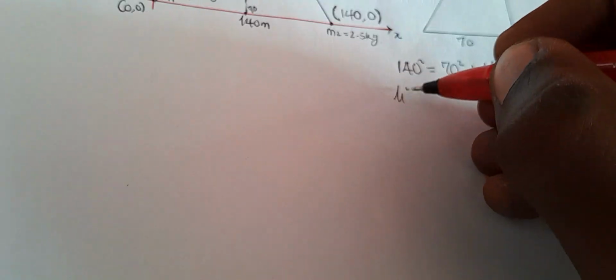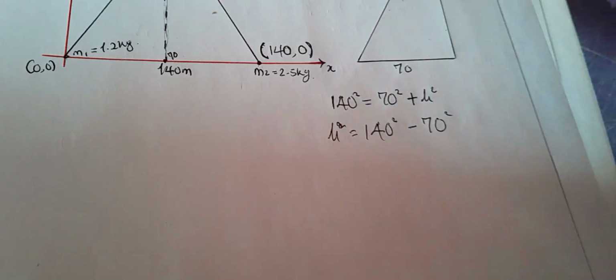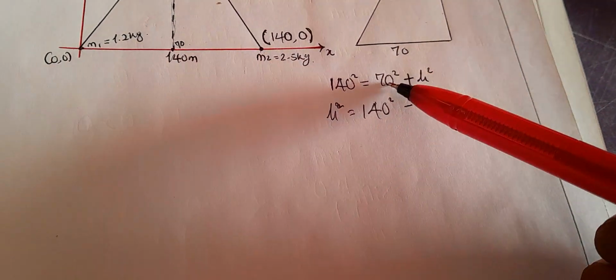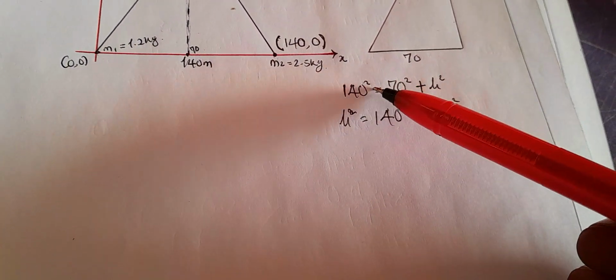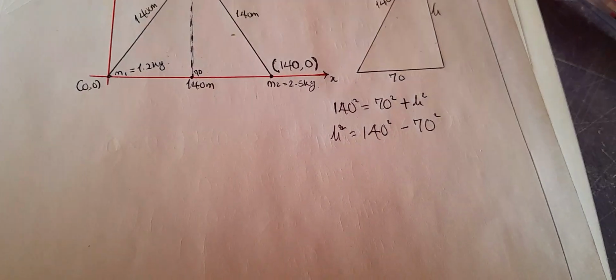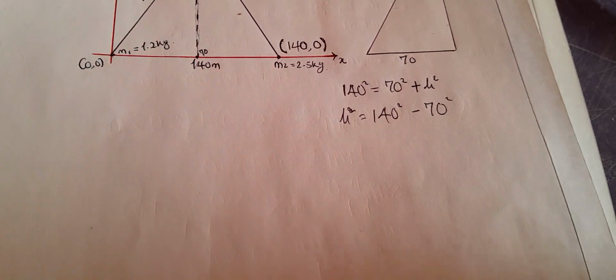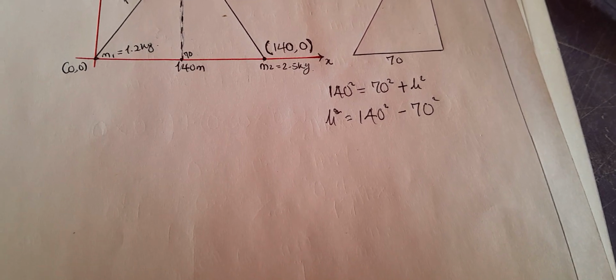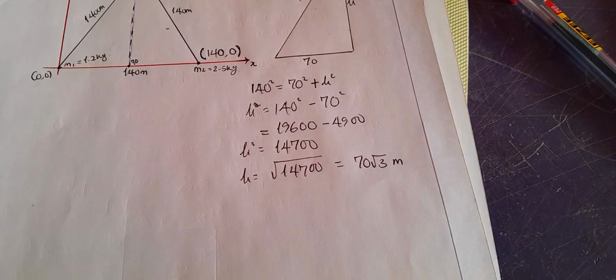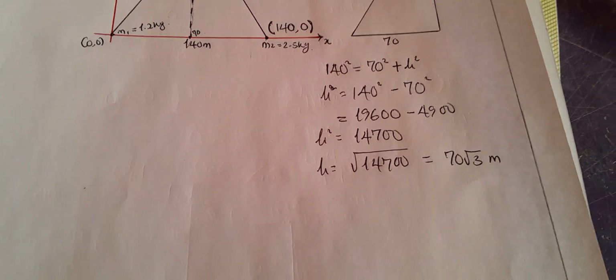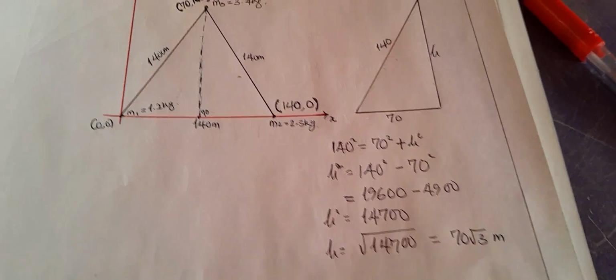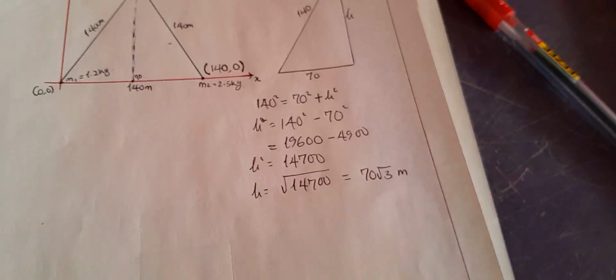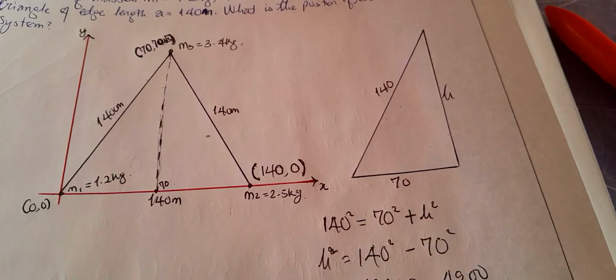I'll make h the subject of the formula. So h squared equals 140 squared minus 70 squared, because 70 squared moved across and became negative. Simplifying, the height is 70 root 3 meter, and if you want to leave it as a decimal, it's fine.